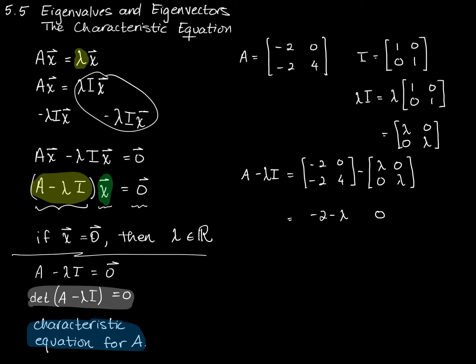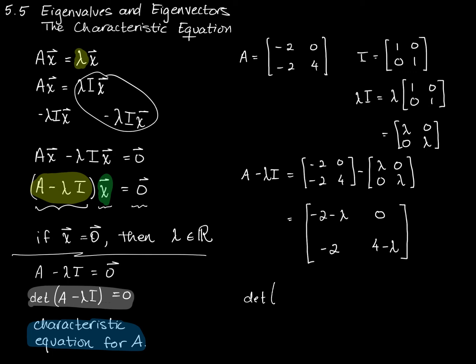That is a new 2 by 2 matrix because I have subtracted a 2 by 2 matrix from another 2 by 2 matrix.